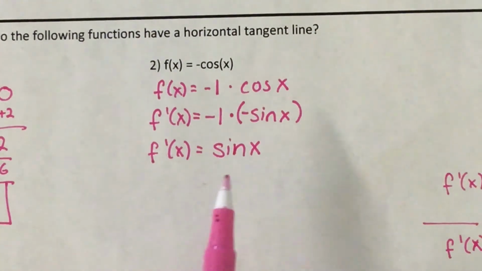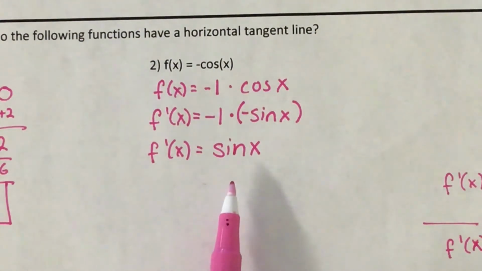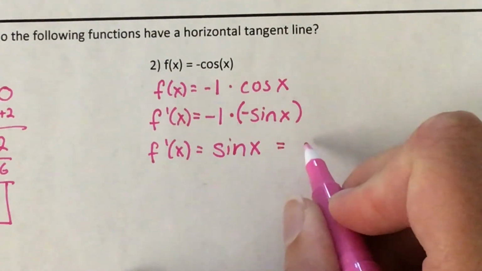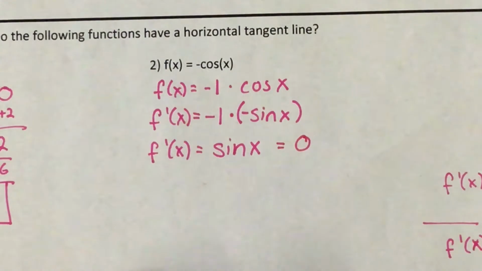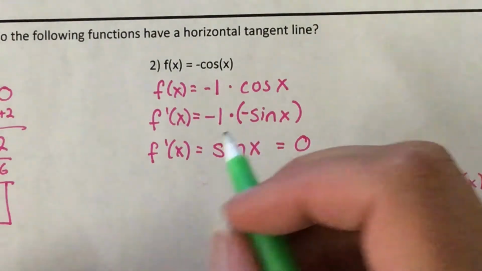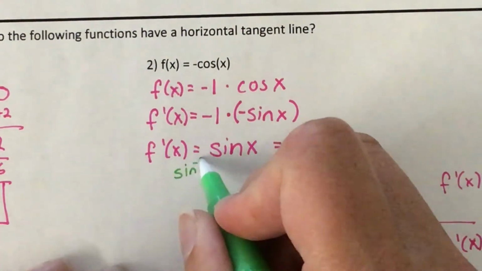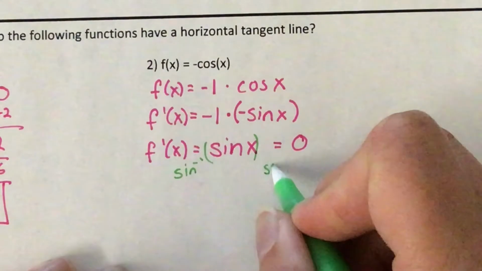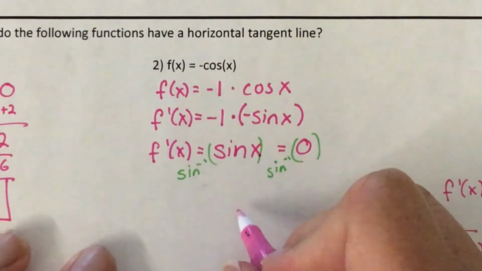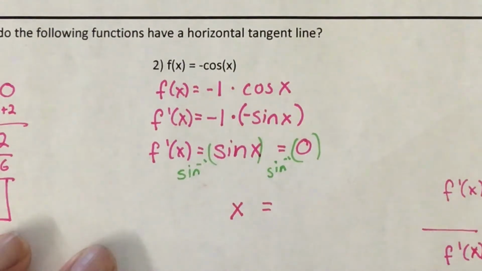Okay, we want to know, where does our function have a horizontal tangent line, at what x values? So we set sine of x, our derivative, equal to 0, and we solve. Now there's a few different ways to think about this. You can take sine inverses of both sides, like arc sine of sine x, and you end up with x equals some numbers.